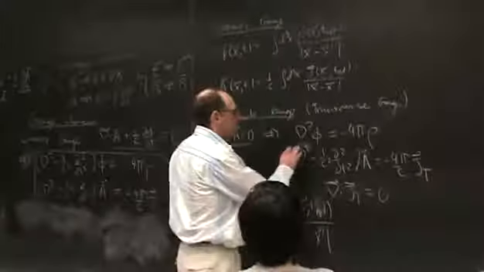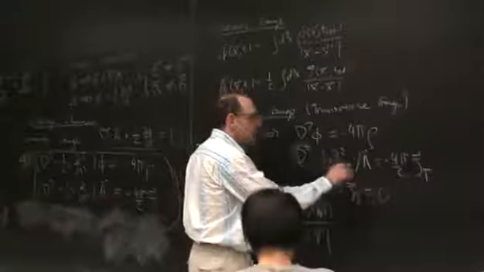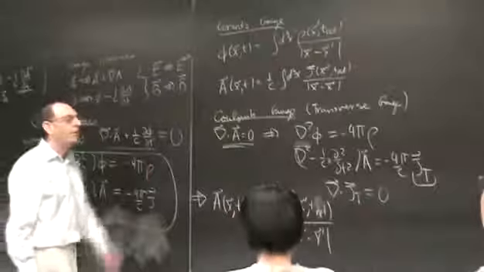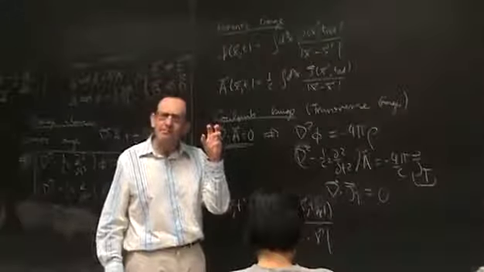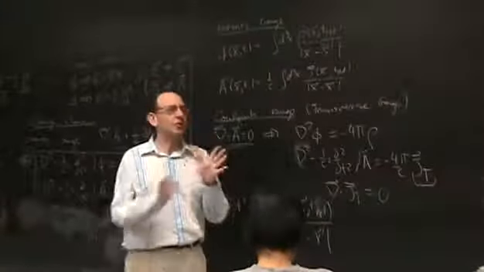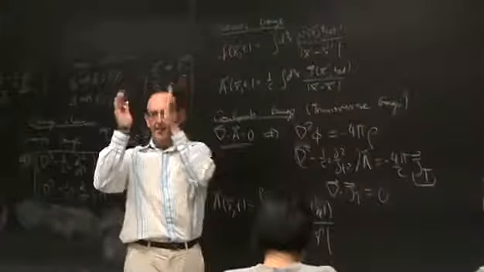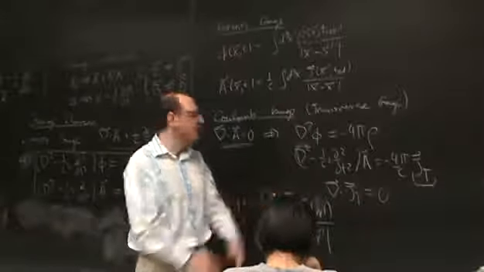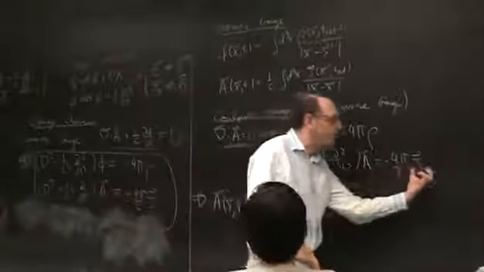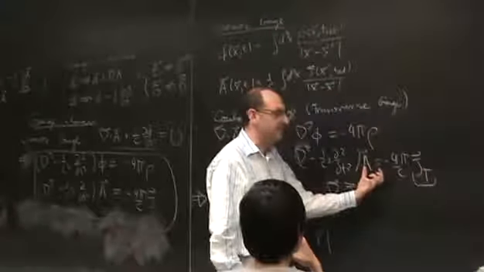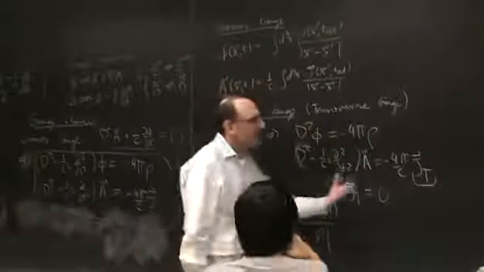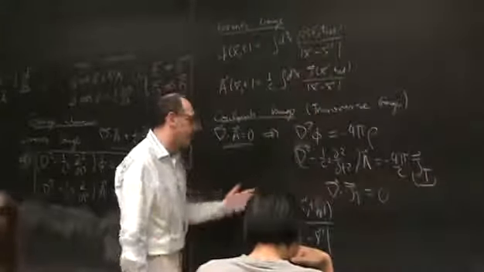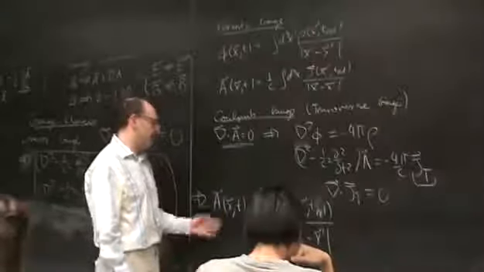In this gauge, the vector potential has a wave equation, but with a source term that is only the transverse part. Remember, in our very first problem set, we said that any vector field can be broken up into parts defined by its curl and its divergence. So the part of the source that contributes to the vector potential in the transverse gauge is the transverse part of the current, and then we can solve this for the vector potential.